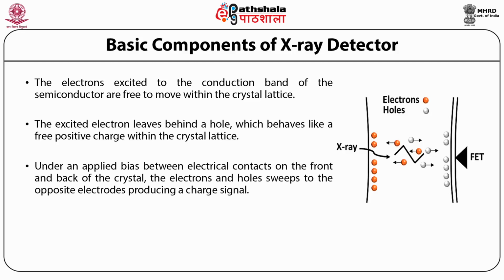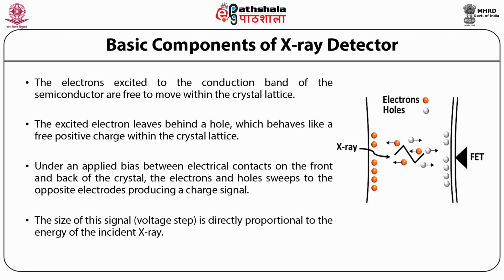Under an applied bias between electrical contacts on the front and back of the crystal, the electrons and holes sweep to the opposite electrodes, producing a charge signal. The size of the signal, or the voltage step, is directly proportional to the energy of the incident X-ray.